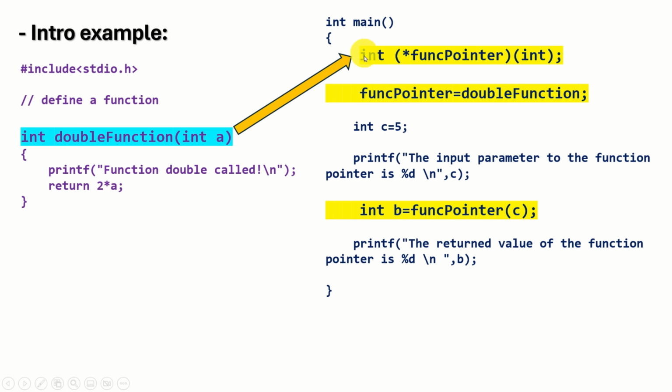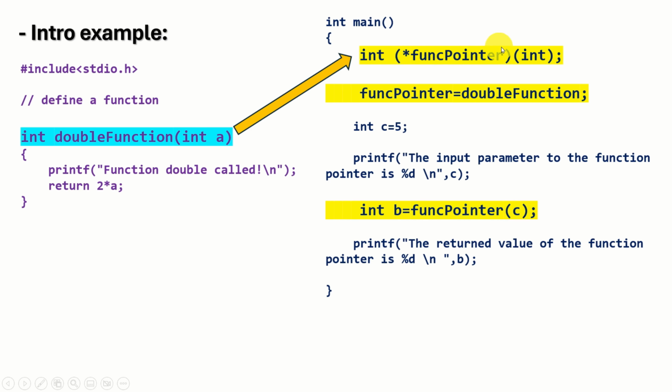First of all, this int is actually the return data type of the function pointer, and this integer has to match the data type that's returned by our original function. Then inside of this parenthesis, we are actually naming the function pointer. The name is func pointer.